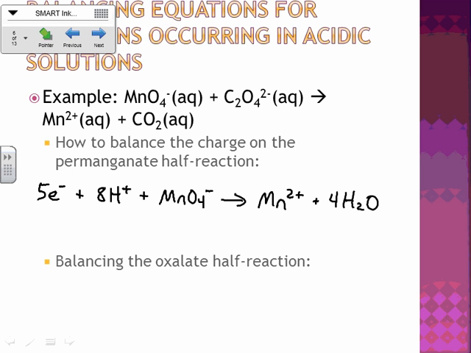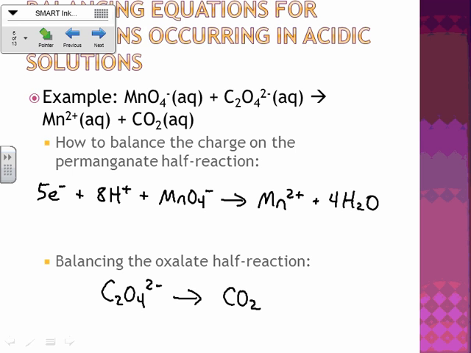Balancing the oxalate half reaction now, we've got to do something else here. Okay, so C2O4 2 minus going to, isn't it CO2? Is that right? Okay. So this right here, we decided it was our oxidation reaction. That doesn't really matter for the time being, okay?